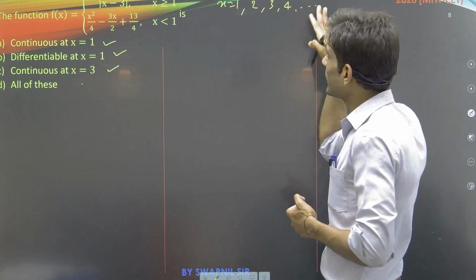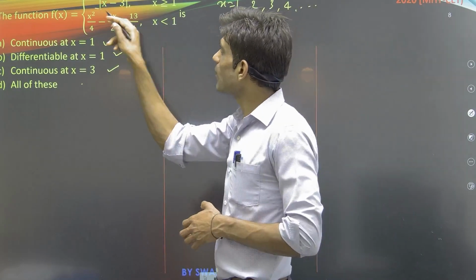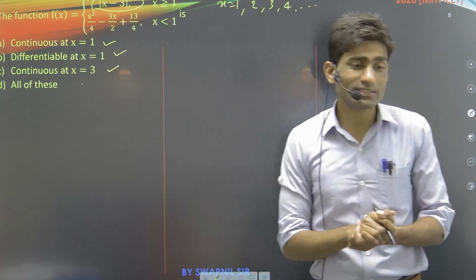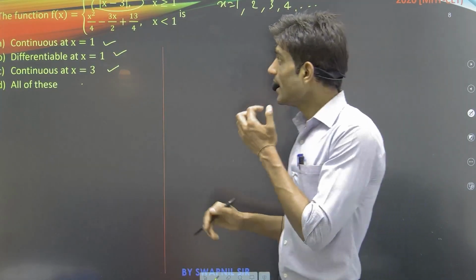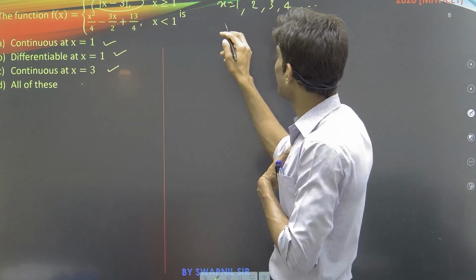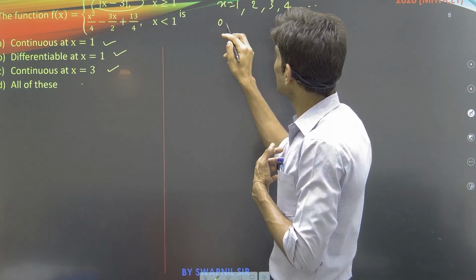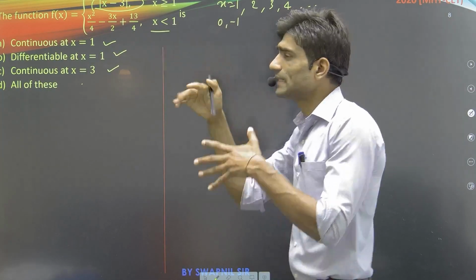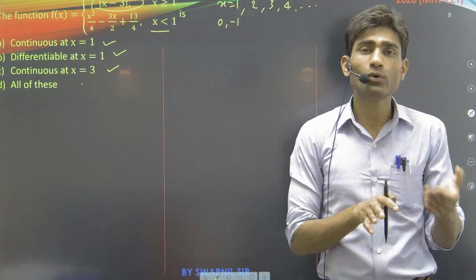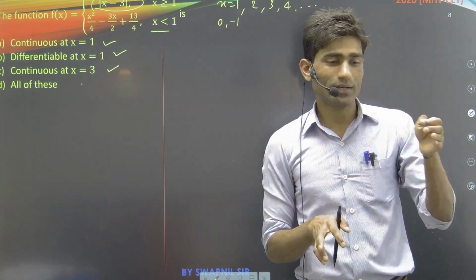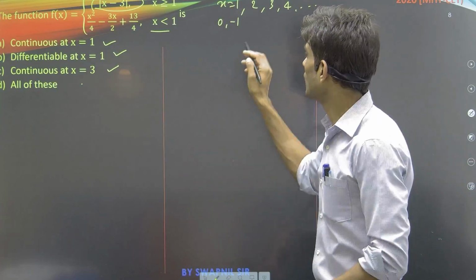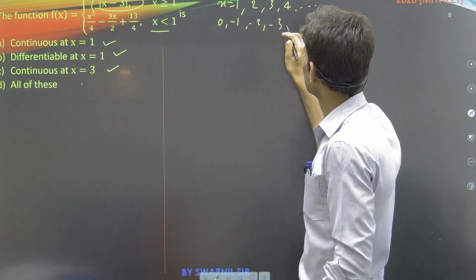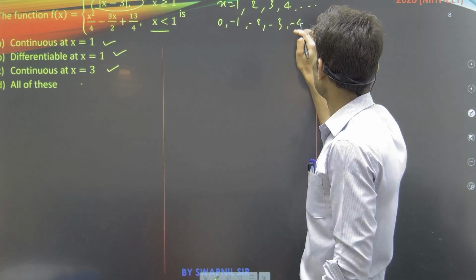And for all values of x strictly less than 1, that means 0, minus 1, minus 2, minus 3, minus 4, and so on.